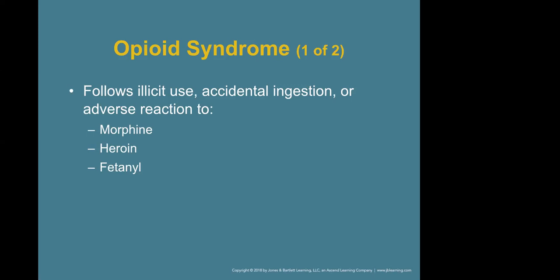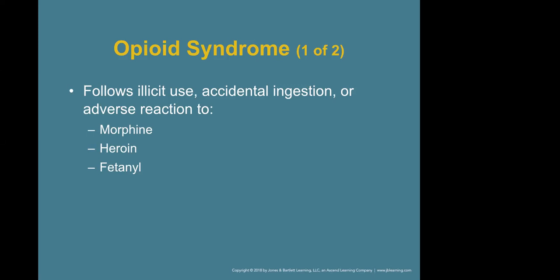So illicit use is the most common form right now, especially here, but accidental ingestion and adverse reaction can also happen. Accidental ingestion of opioids is very common in our young pediatric patients, kindergarten and younger. Anything that can crawl and babble can grab a pill and swallow it, I promise.